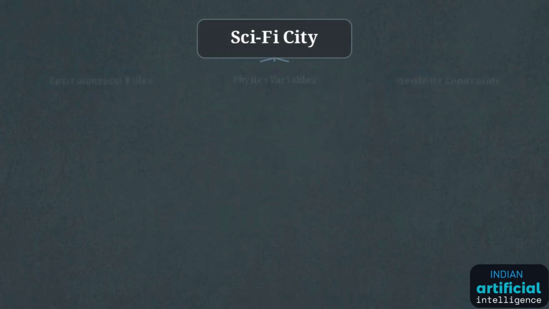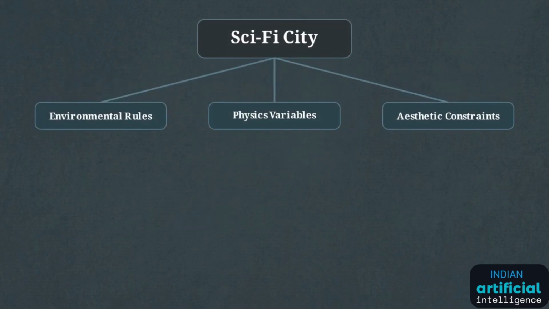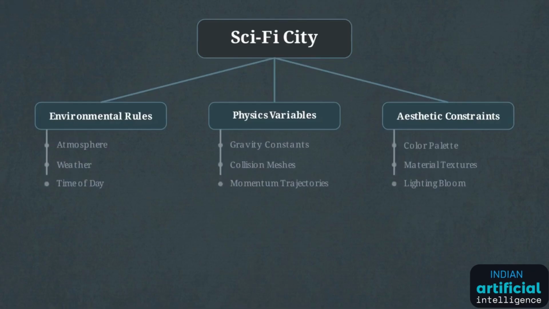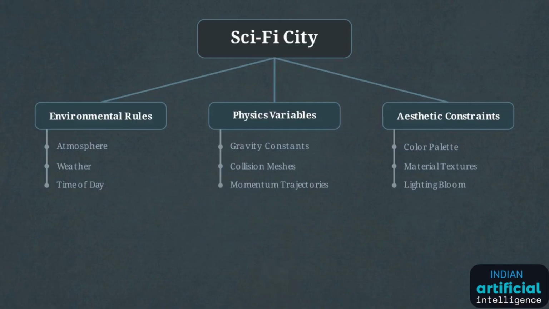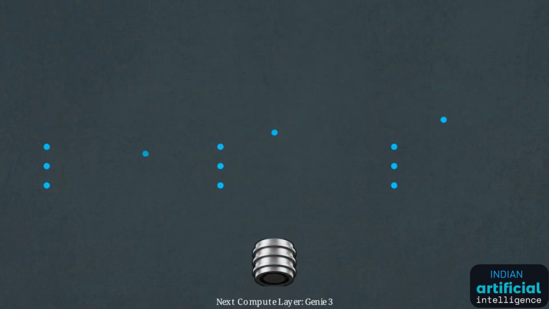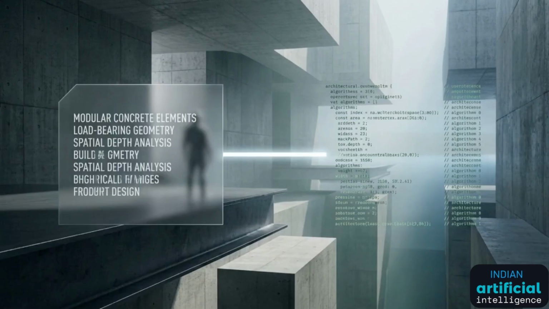Gemini parses raw text into a comprehensive web of parameters, categorizing the intent into specific environmental rules, physics variables, and aesthetic constraints. These parameters are then compressed and passed down to the next compute layer. By converting imprecise human imagination into a rigid matrix of actionable mathematical instructions, Gemini acts as the critical bridge in the architecture.